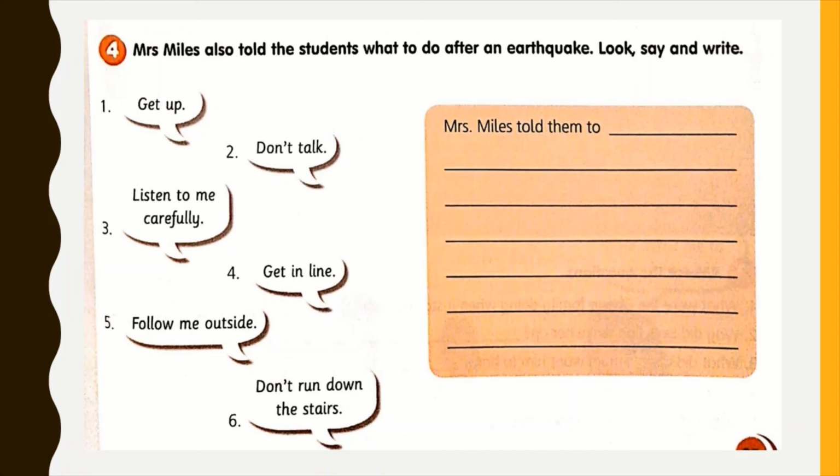So Mrs. Miles told them not to talk. If it is an affirmative command, a normal command, you write to and then the verb. If it is a negative command, you write not to. Mrs. Miles told them not to talk. Not to, then the verb.